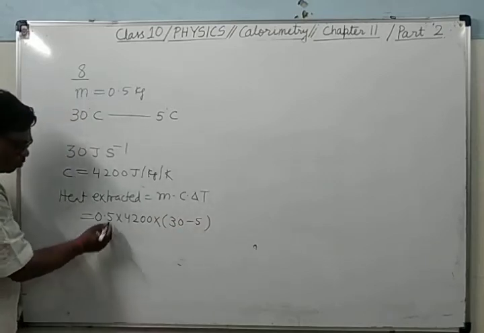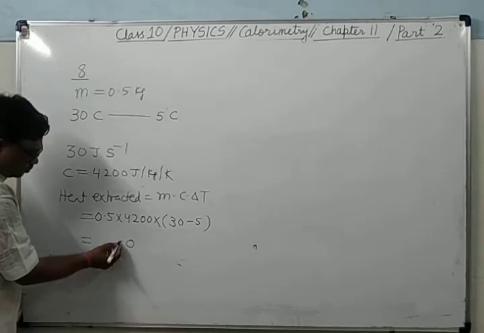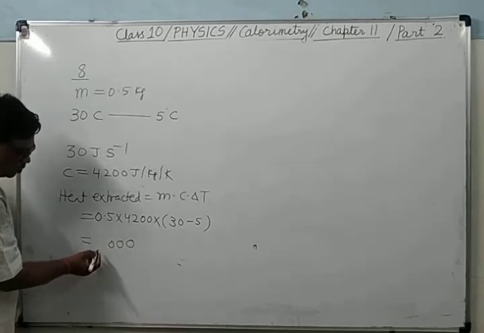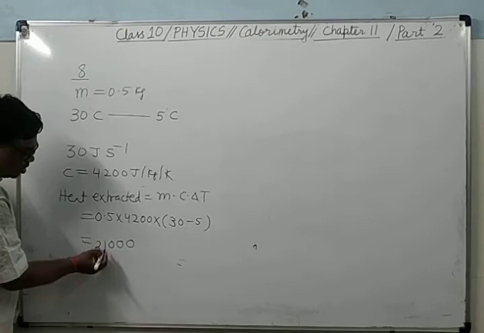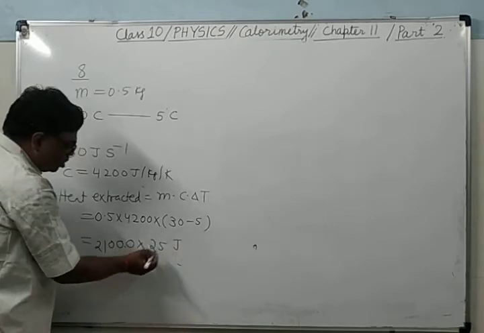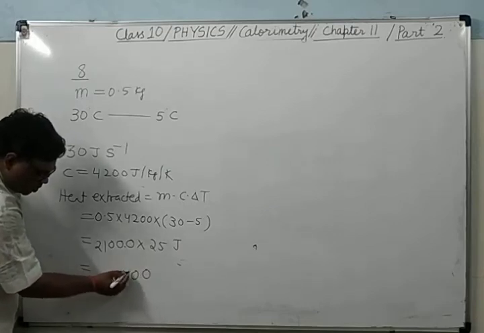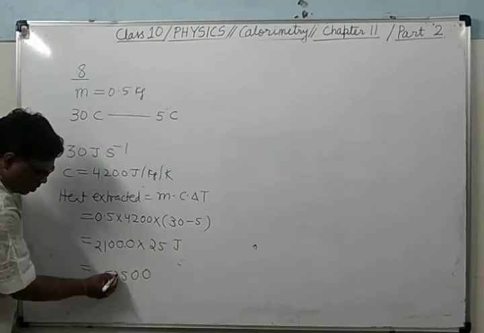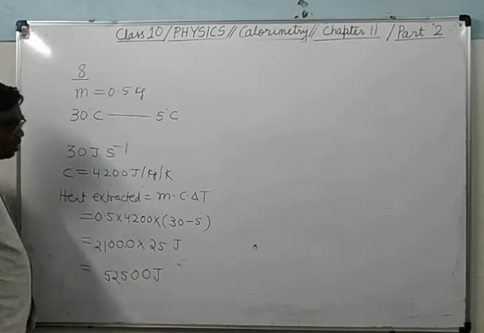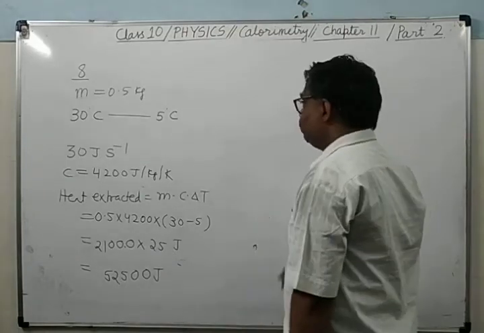So this will be equal to, when you multiply this into 25, this joule. So you further multiply, this joule. Now heat is extracted at what rate? At 30 joule per second.